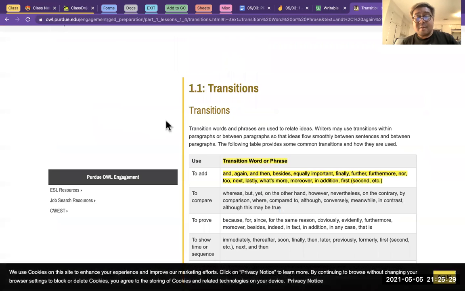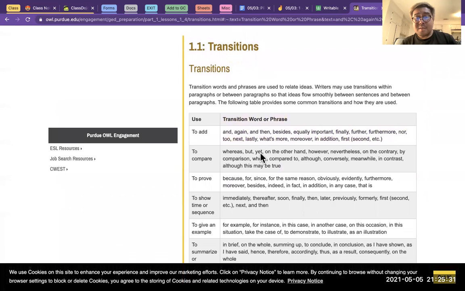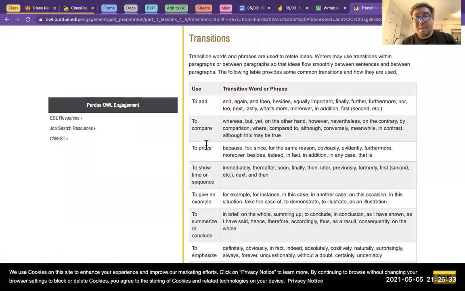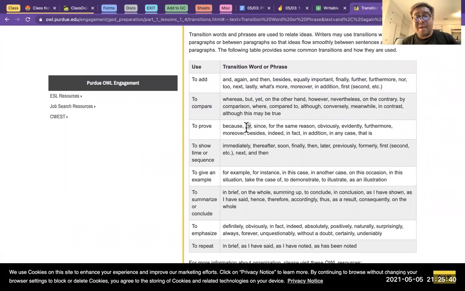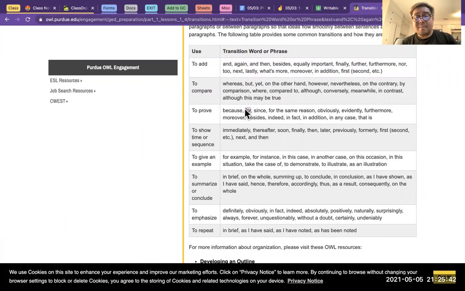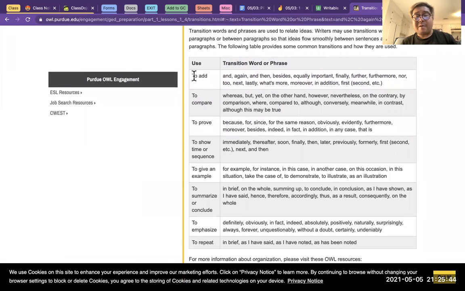Okay? So here are some good transitional words. To add, to compare. Oh, sorry. This is how you would use it, and this is the word that you would use. Okay, all right.